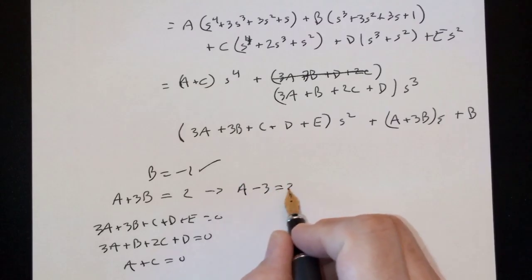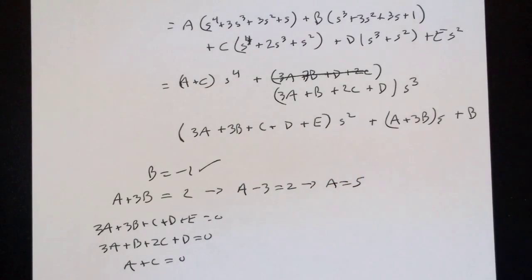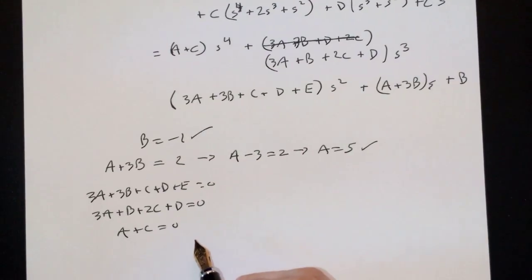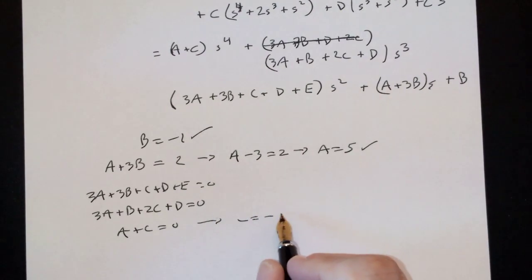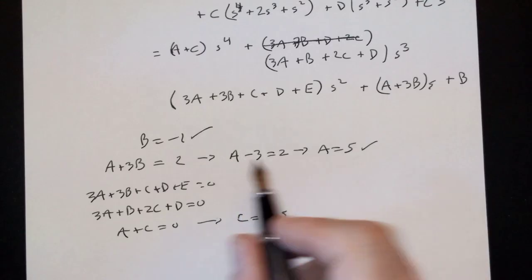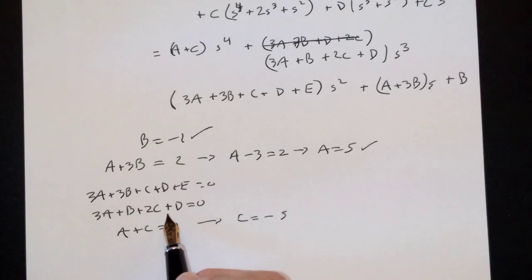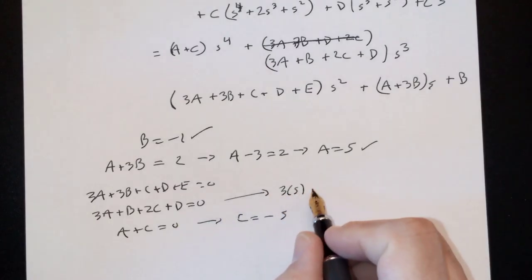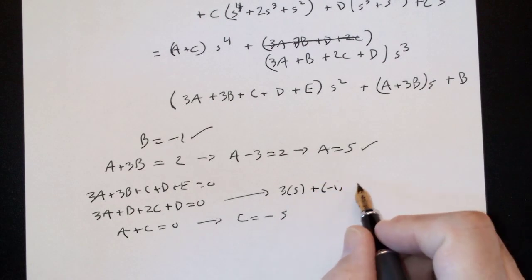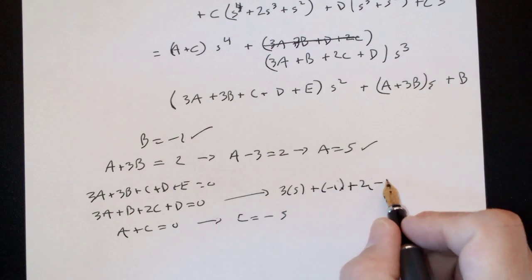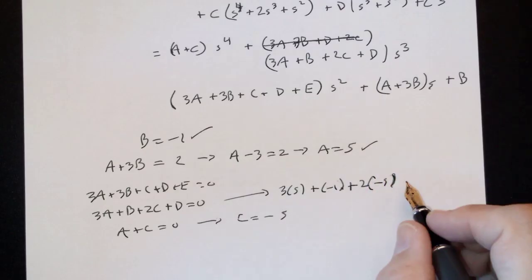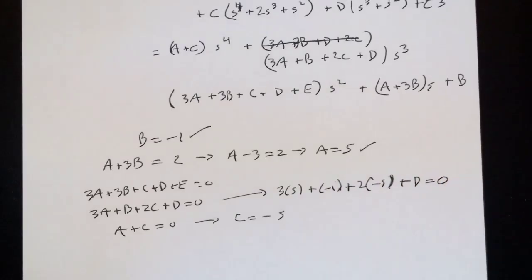A minus 3 equals 2. So A is 5. Now I have A and B. Wait, I have A, I can get C. What's C? And now I have A and B and C, I can get D. 3 times 5 plus minus 1 plus 2 times minus 5 plus D equals 0.